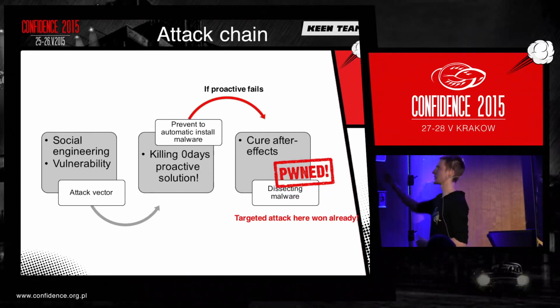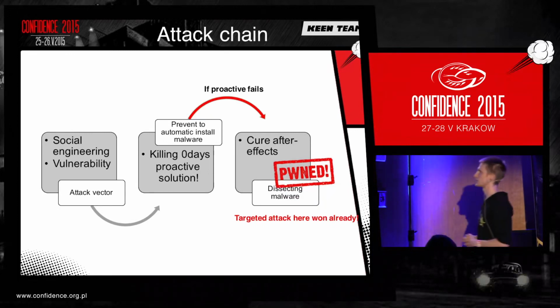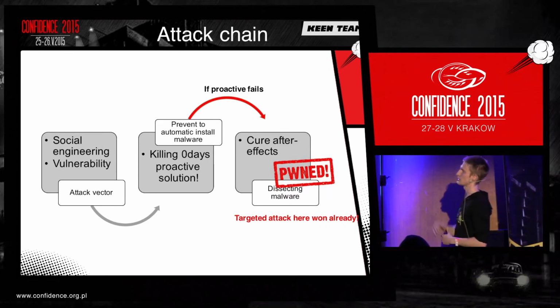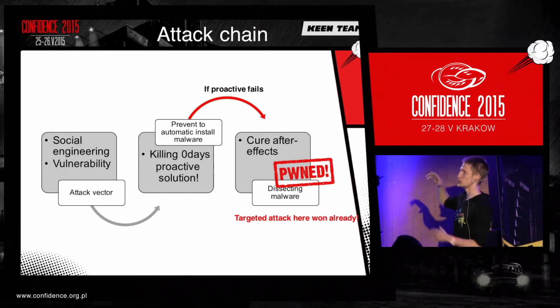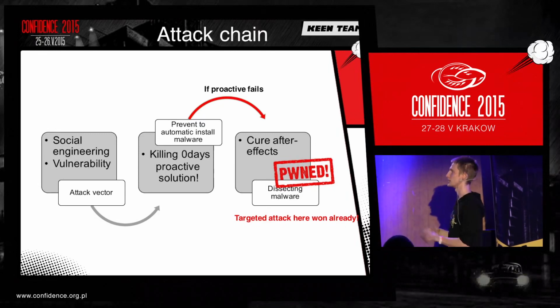For example, we focus on vulnerabilities. And now the proactive solution to prevent the computer from being compromised is to limit the vulnerabilities down to zero days, to kill the zero days. That means it will be far more expensive to do research and to attack targets.